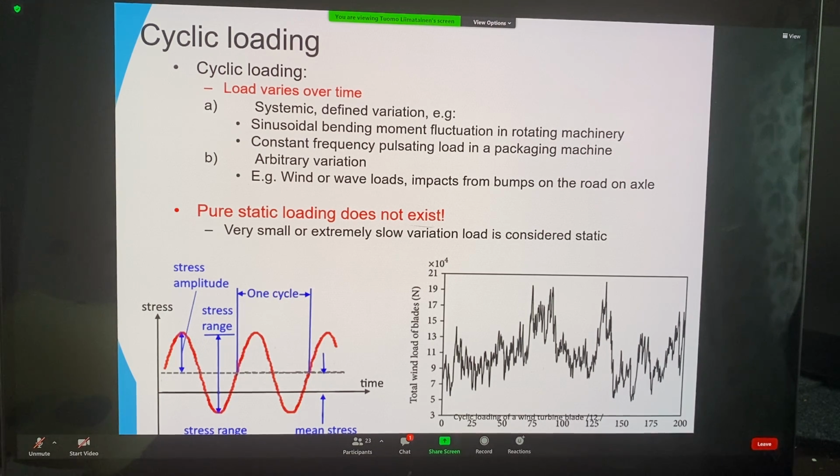You might think that, for example, gravity of Earth would be static loading. Yeah, we can consider it that way, but in essence also the gravity changes a bit over time, and it's different in the different regions of the world. But in true nature, all loads more or less are varying loads.